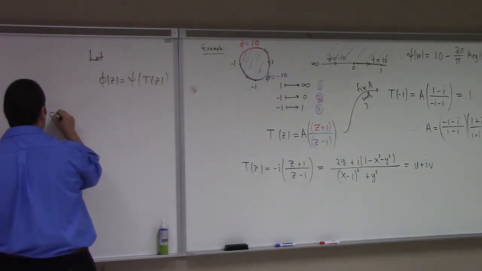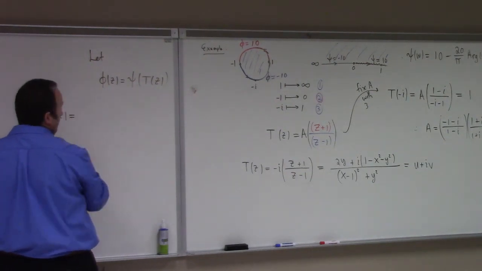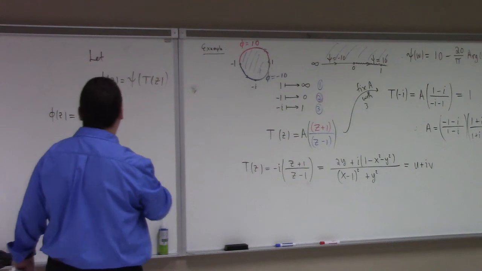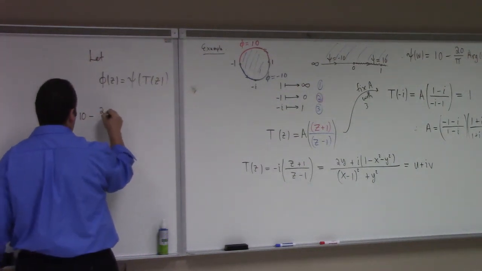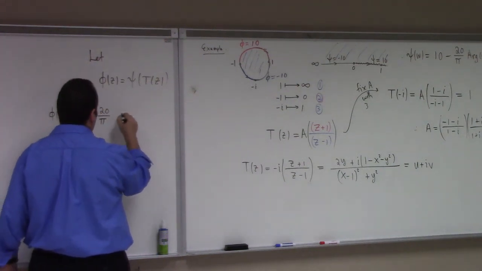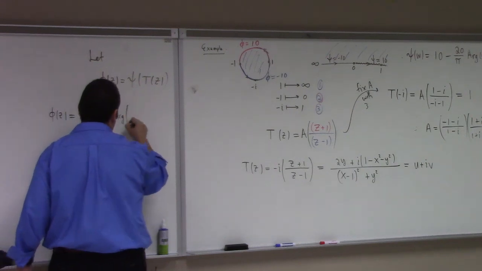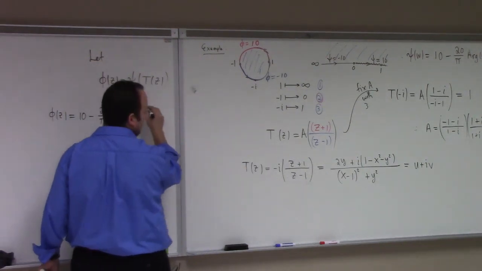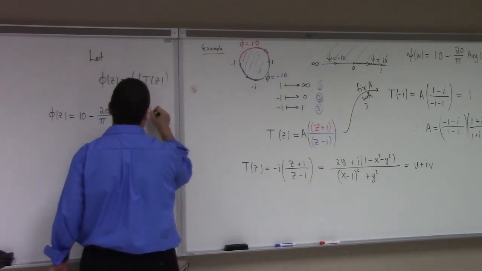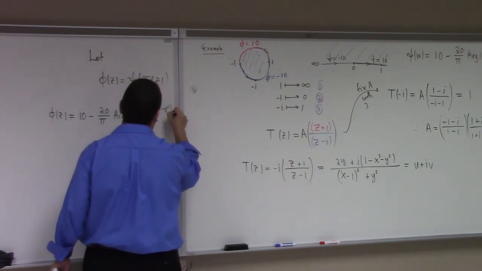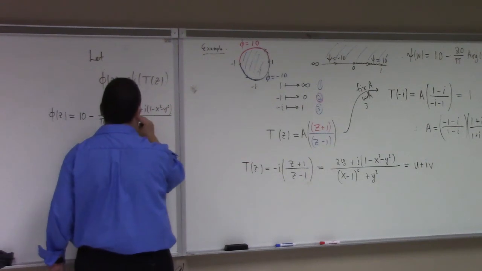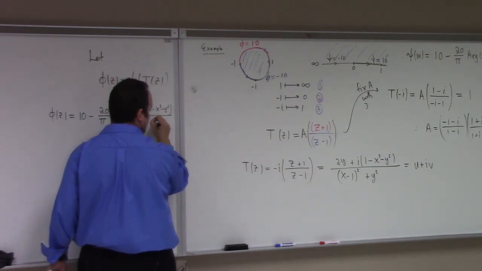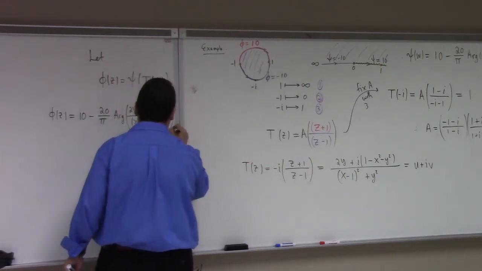Phi of z is apparently 10 minus 20 over pi times the arg of 2y plus i times 1 minus x squared minus y squared, divided by (x minus 1) squared plus y squared. And there you have it.